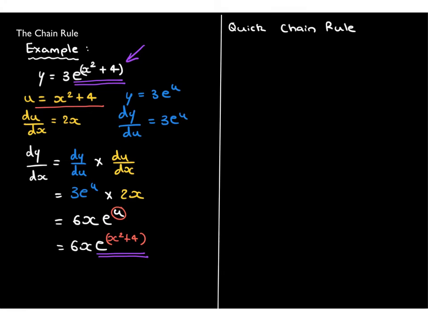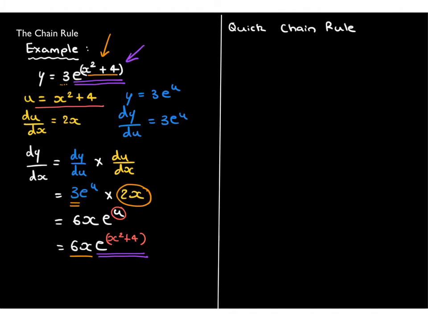But of course, we also have this component of 6x. Now, where does the 6x come from? Well, part of that is just the 3 that was there originally in the question. But the other part is a 2x. Now, where does 2x come from? It's the derivative of the inner function x squared plus 4.